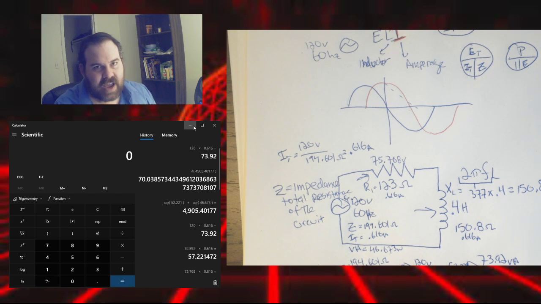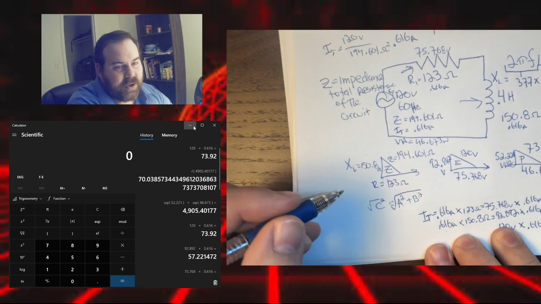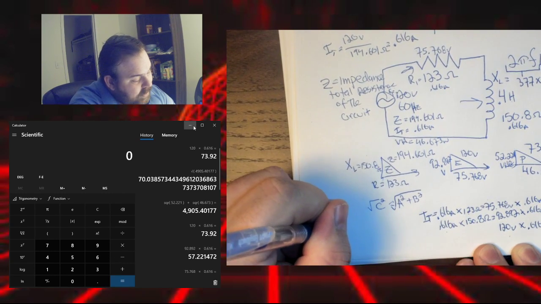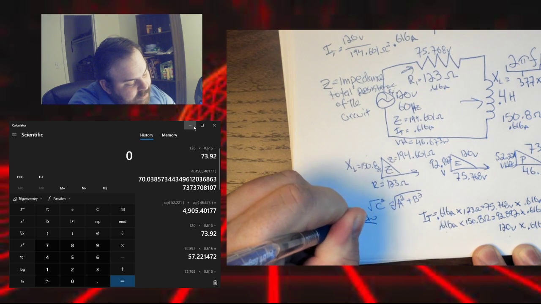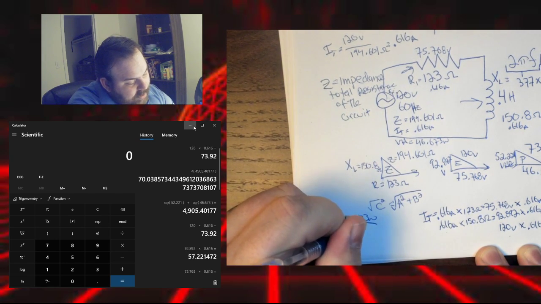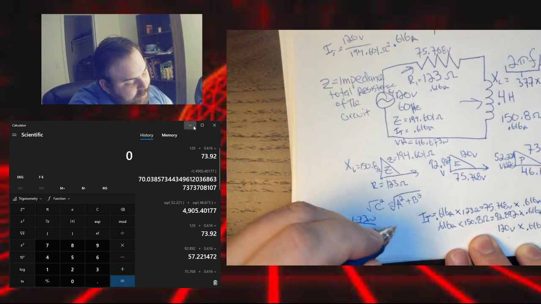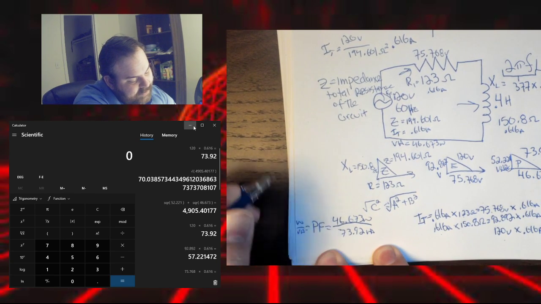Now, what's power factor? Power factor is the efficiency of the circuit. So what we're going to take is our watts. I'll do it over here in the corner. Power factor, PF, equals 46.673 watts over 73.92 volt amps. So power factor is watts over volt amps.